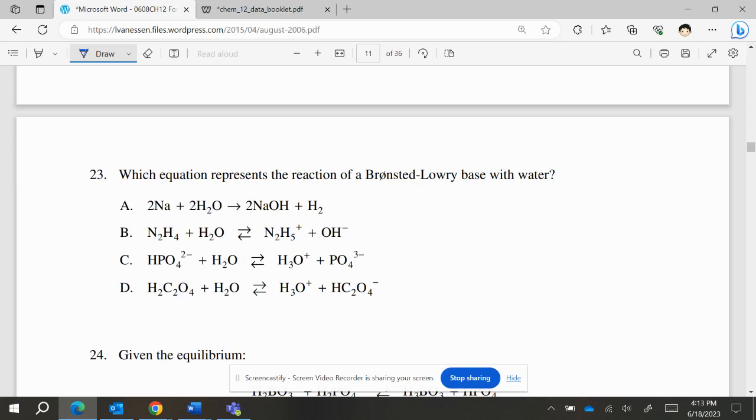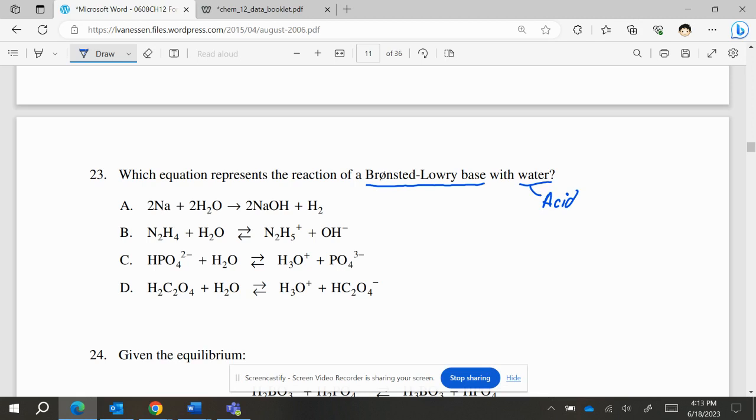Which equation represents the reaction of a Bronsted-Lowry base with water? So this is a kind of funny question, and maybe worded a little bit tricky. So if we have a Bronsted-Lowry base with water, water is acting as the acid.